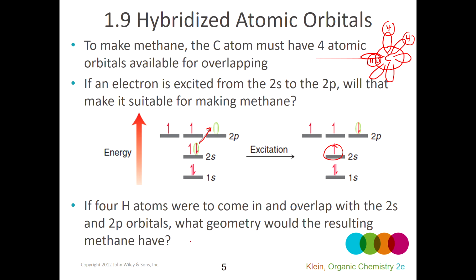So if we were to excite an electron up, it would at least allow us to create four bonds, but it wouldn't be the four bonds we know CH4 has with the geometry we know it would normally have. We would create 90-degree angles between the p orbitals and the CH bonds that involved overlap there.